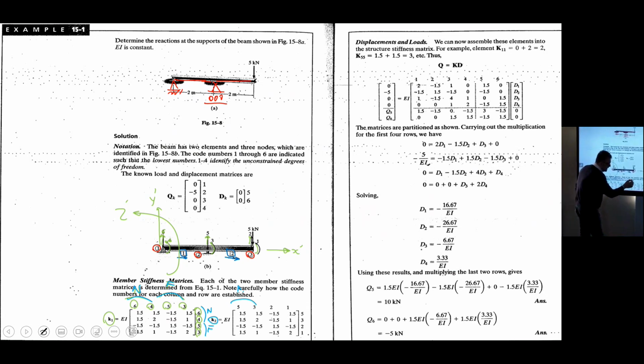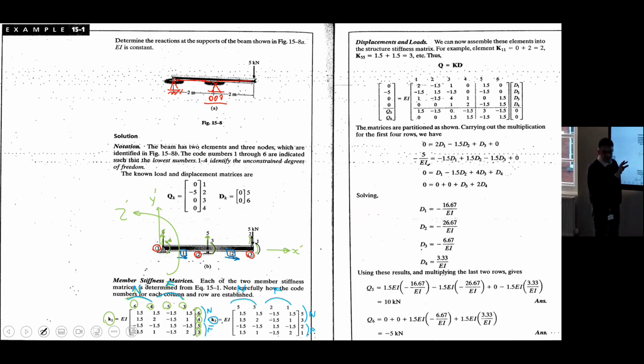This is near end, this is far end. See, for the near end, we have 5, 3. Remember, in the previous slide, for the near end, we had translational deformation, rotational, rotational, far end, right? I'm just following the last slide's 4x4 matrix.